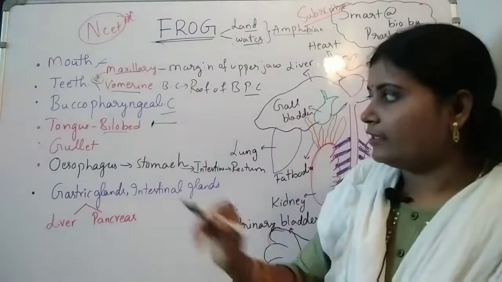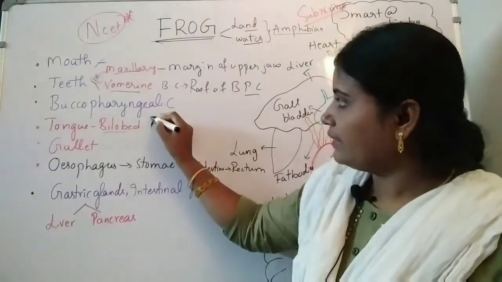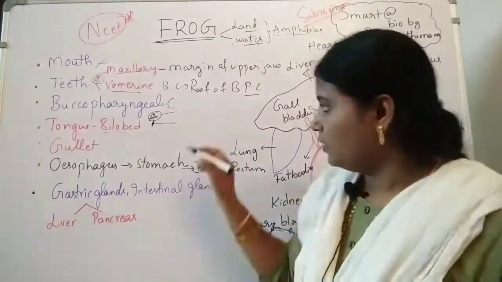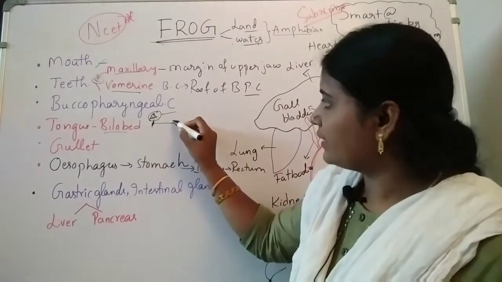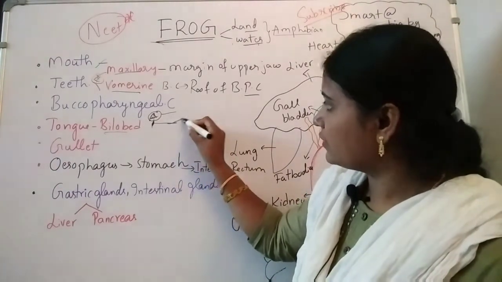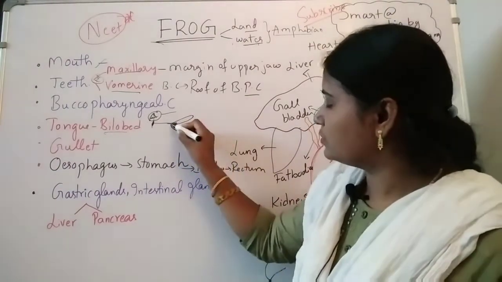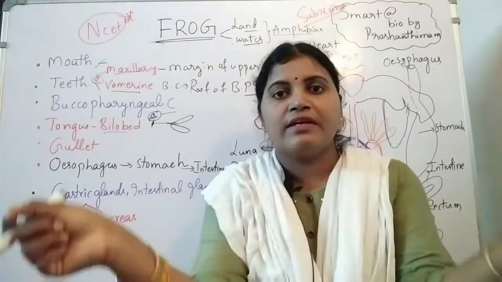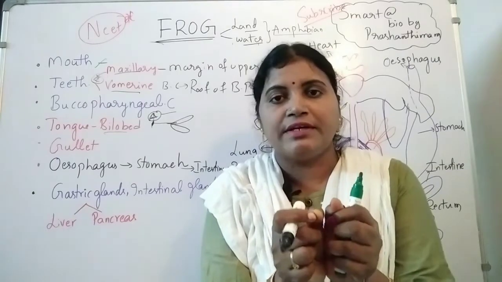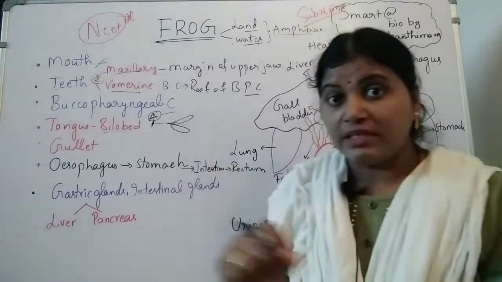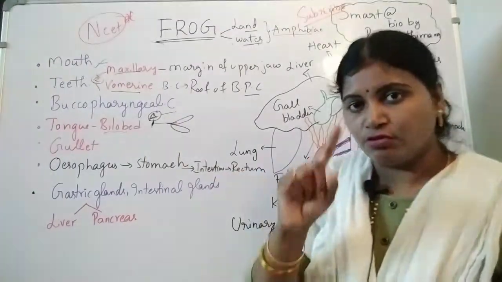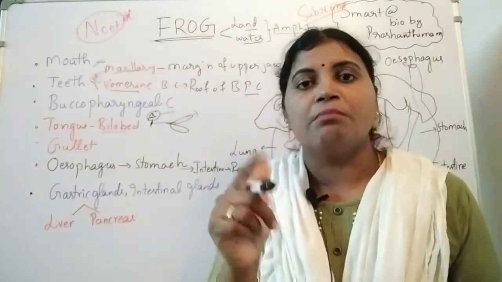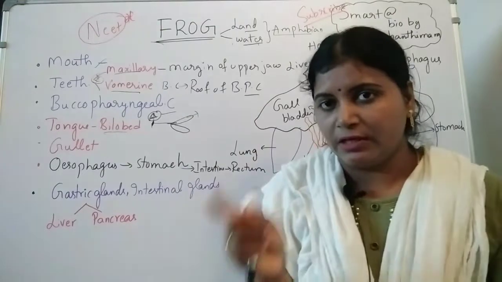In the same way here, the anterior end is fixed but the posterior end is free and it is two-lobed, meaning the tongue is bifurcated into two branches so that it can catch the prey. There is an important reason behind every adaptation.